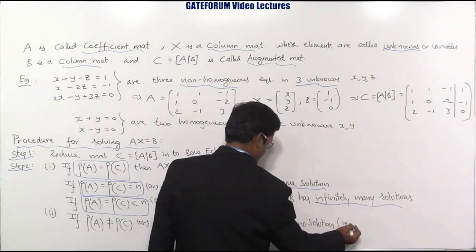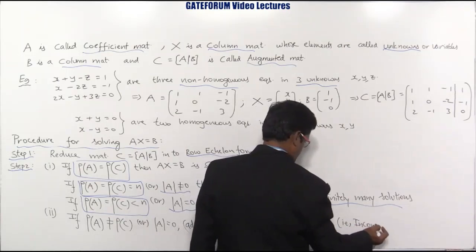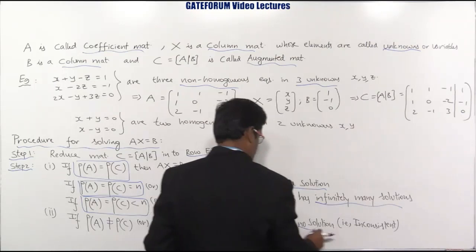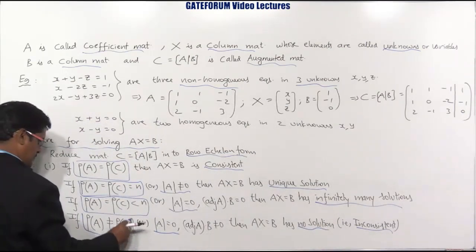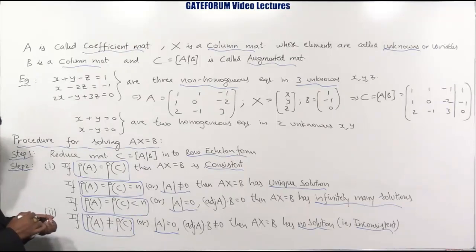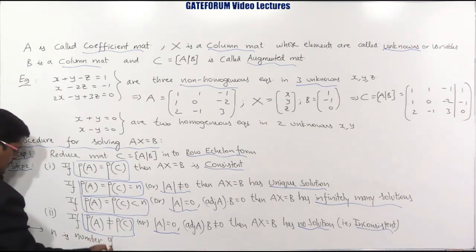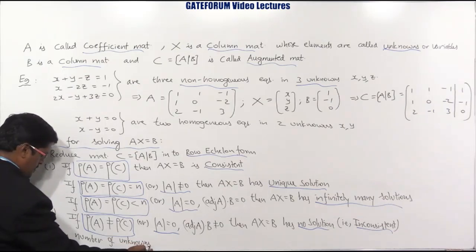That is inconsistent. So please write, I will explain. N is the number of unknowns.